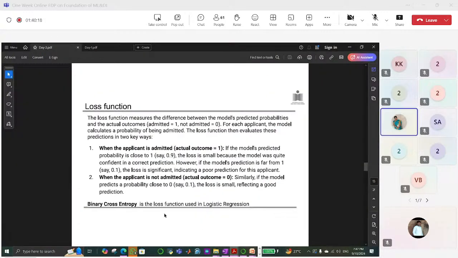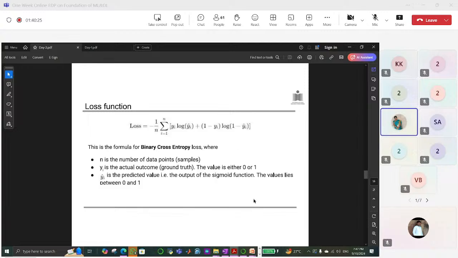Here binary cross entropy is the loss function used in logistic regression. What is the entropy formula? Loss equals 1 by n, which means we are calculating the average value, of yi log of y hat plus 1 minus yi log of 1 minus y hat. This is the binary entropy formula, with only two terms, yi and 1 minus yi.